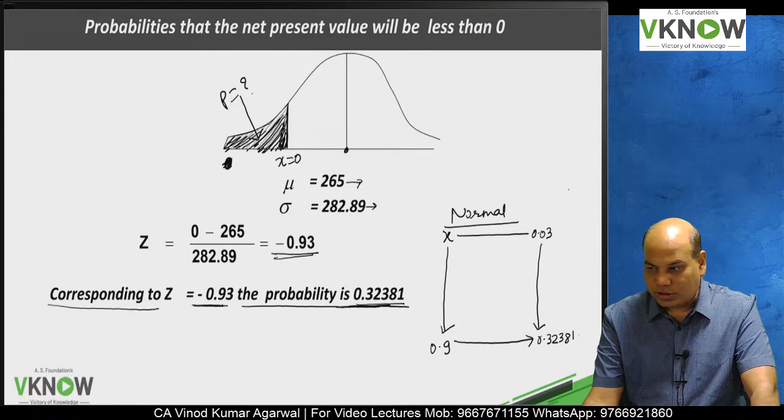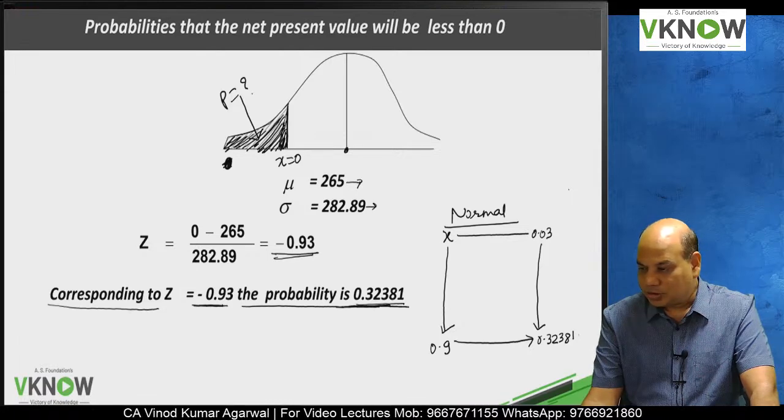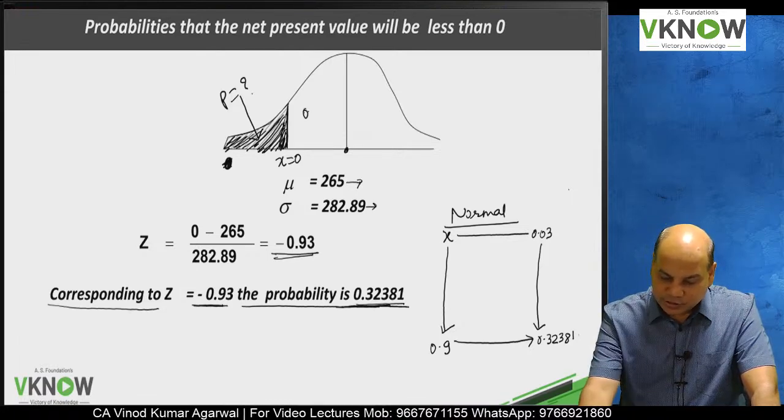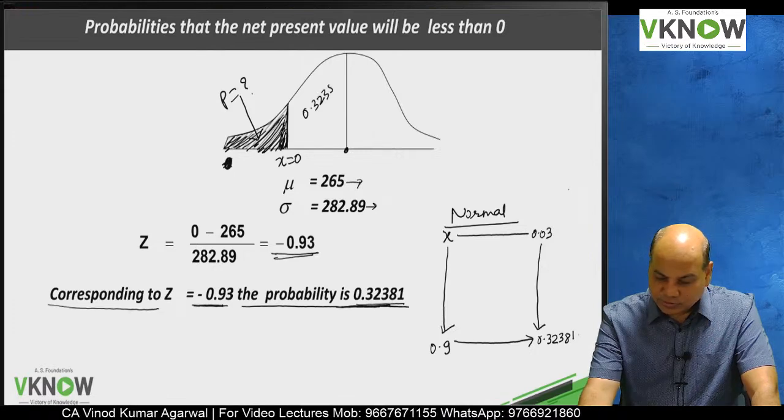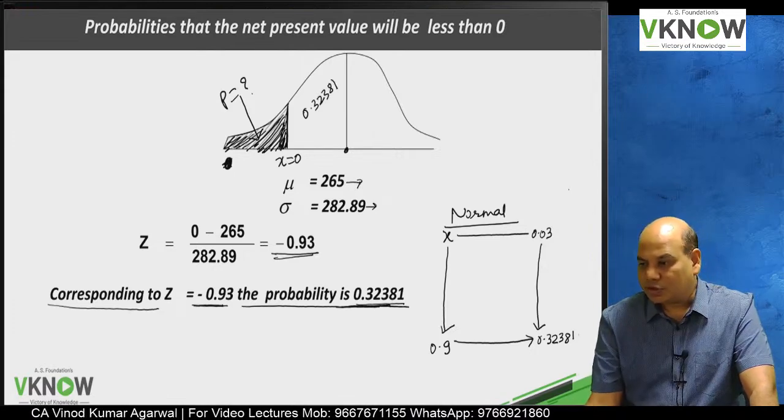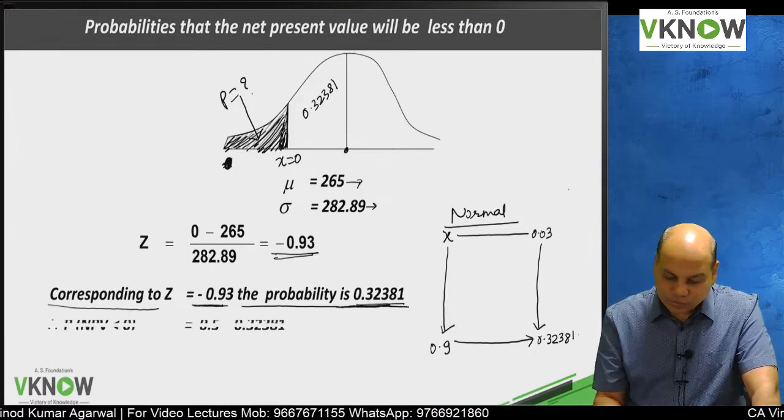Are you able to locate 0.32381? But that is the probability of this area between 0 and 265. I want less than 0. So what will I do?